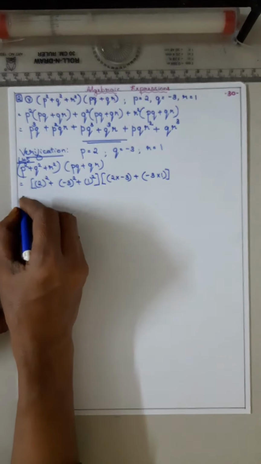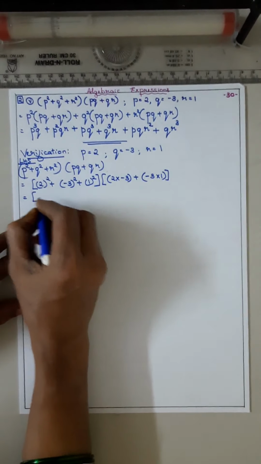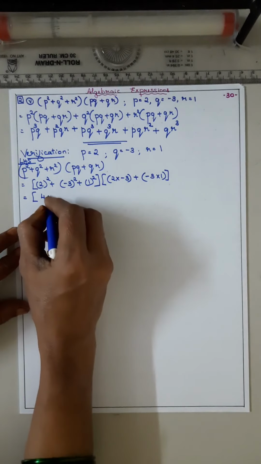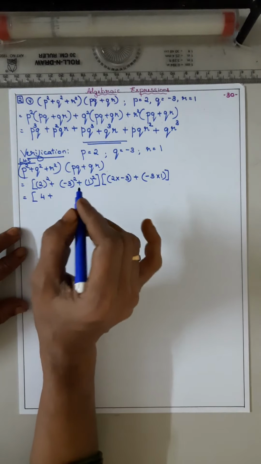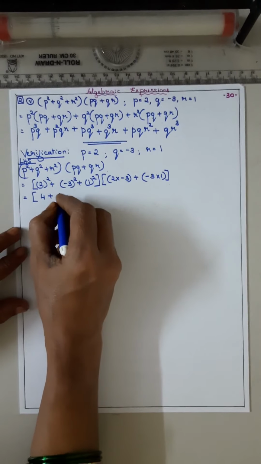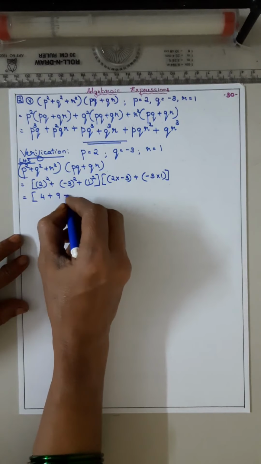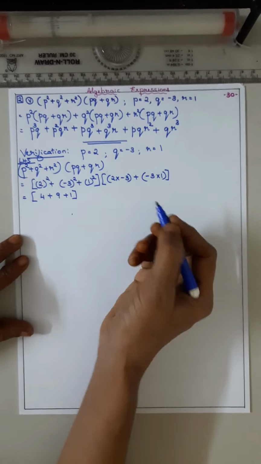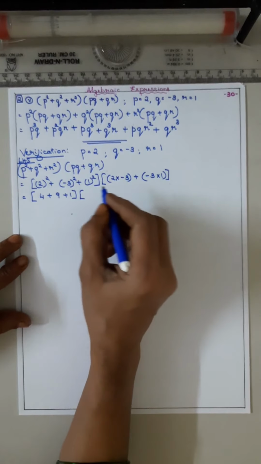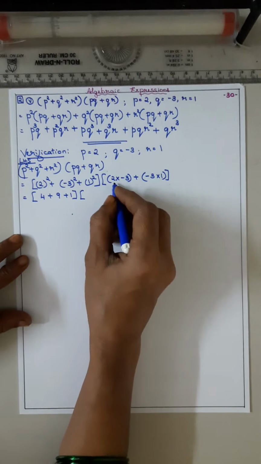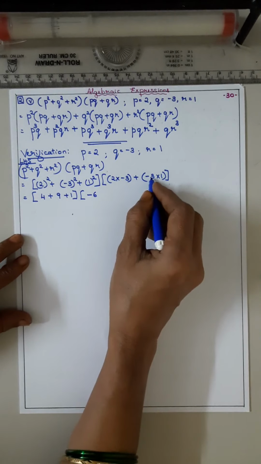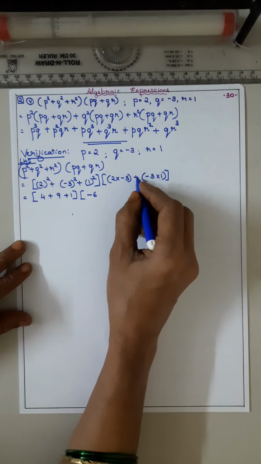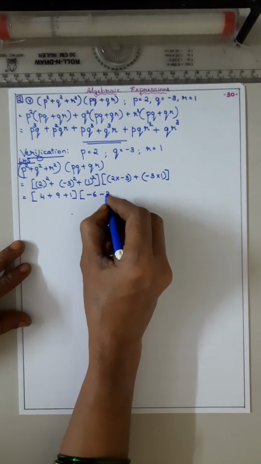Now find the values. 2 squared is 2 2s are 4, plus minus 3 squared becomes positive, 3 3s are 9. Now 1 squared is 1. Then here 2 3s are 6, but the sign is minus 6. Now here 3 1s are 3, but it is minus. So plus of minus is minus 3.